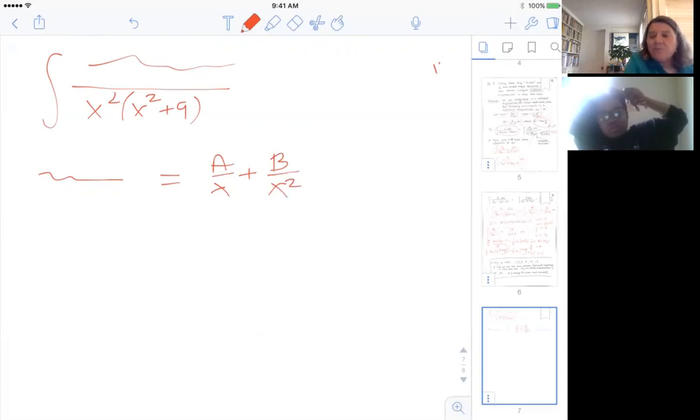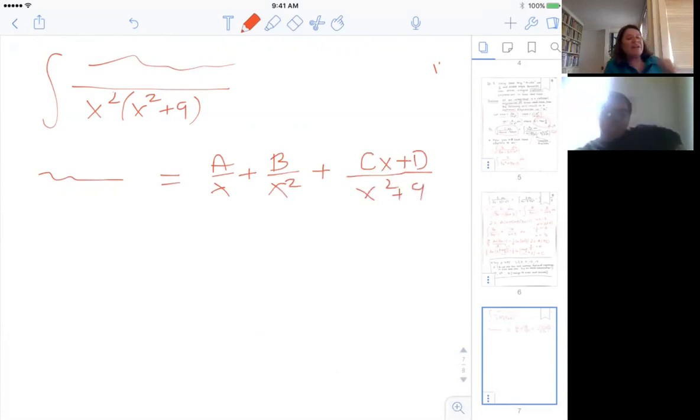You have to step up to whatever it is. The last one will be Cx plus D over x squared plus 9, because that is something you cannot factor. It's called an irreducible quadratic. You have to put Cx plus D over it. It's a linear thing there.